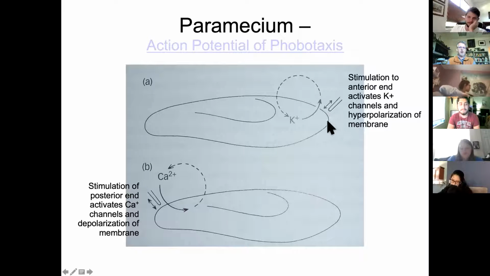So if you come in contact in your front, move back. They can do that because of the membrane being stimulated and potassium rushing out, and this area becoming more negative. If you're contacted in the posterior end, move forward. They do that by calcium rushing in, this area inside the cell becoming more positive, and that's a signal to move in that direction.